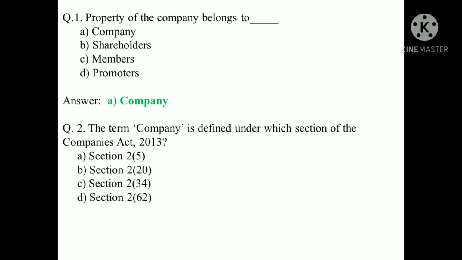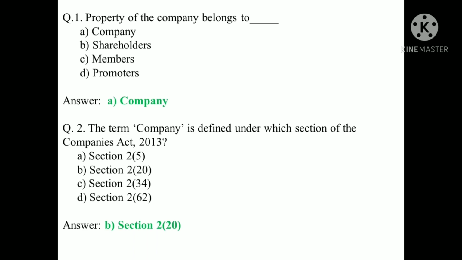And the options are section 2 subclause 5, section 2 subclause 20, section 2 subclause 34, section 2 subclause 62, and the correct answer is section 2 subclause 20, because section 2 subclause 5 deals with the article of association, section 2 subclause 34 deals with the term directors, section 2 subclause 62 defines the term one person company, and section 2 subclause 20 defines the term company.